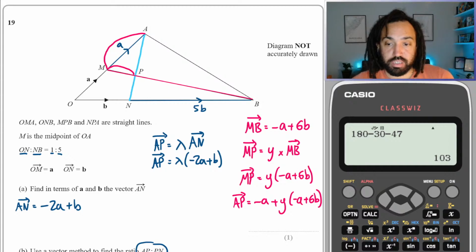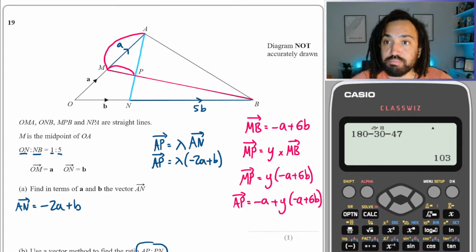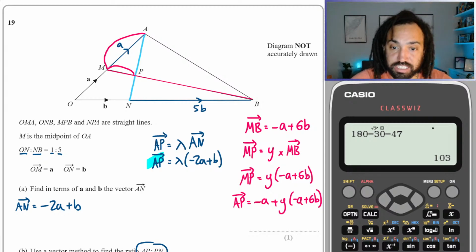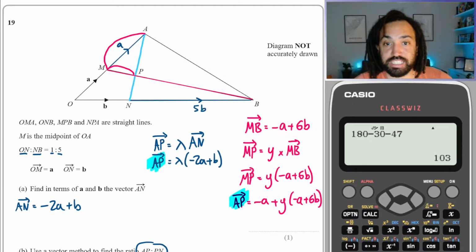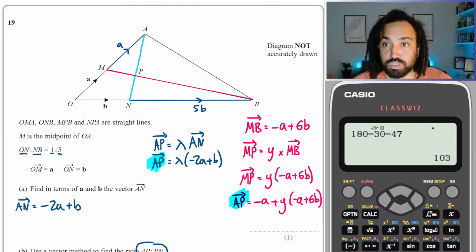Okay, now we're set. We have the same vector, but expressed by two different paths, one for each of the coloured lines here, which create that cross with P in the middle.